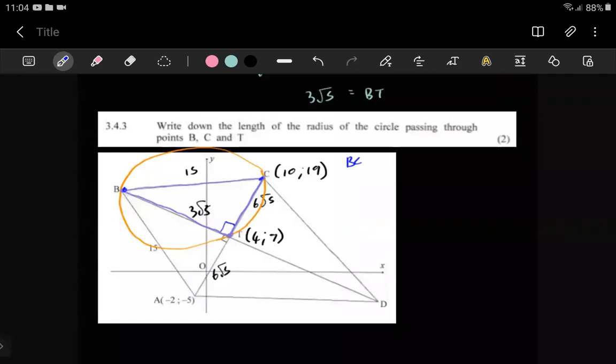Anytime you have a right angle triangle inside the circle with all its vertices touching the circle, the side that is subtended by the 90-degree angle is going to be the diameter, you see.